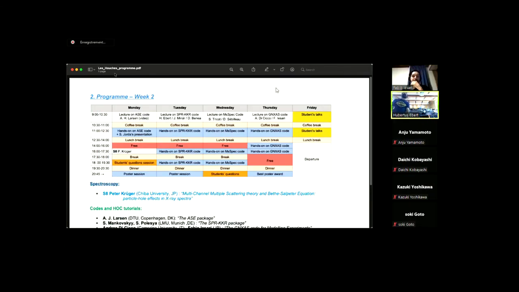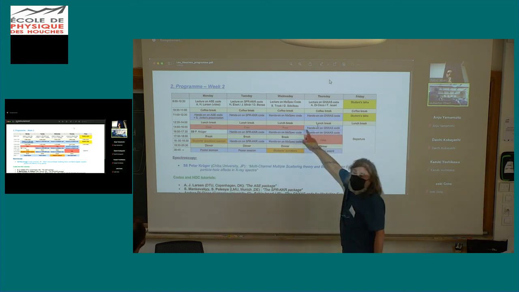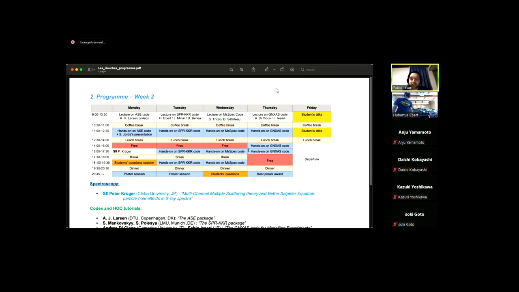So you see, we start at 2 because of the time difference with Japan. We have to change the program a little bit. In between, there will be, as usual, a 30-minute break. It goes up to 3.5, then there is a 30-minute break, and then we start again at 4. Okay. So then see you all at 2, in the afternoon.